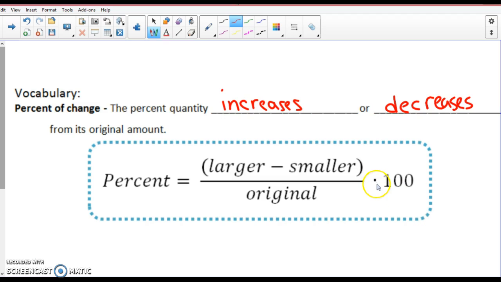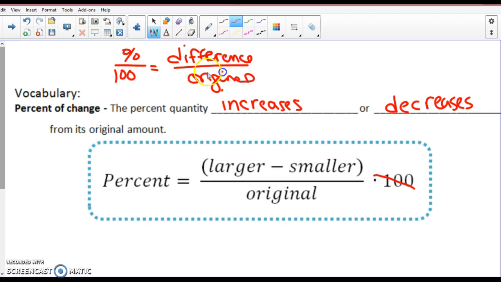Now, this is one way to look at it. I would do a percent proportion. They're multiplying this by 100 because when you find a percent, you need to move the decimal to the right. So I would set this up as a percent proportion: percent over 100 equals the difference over the original.